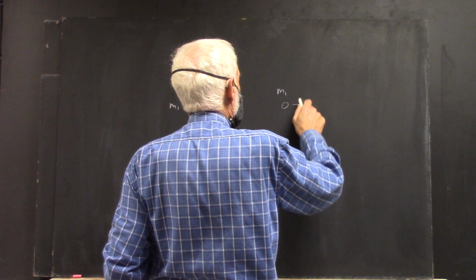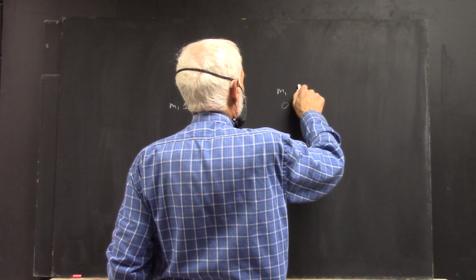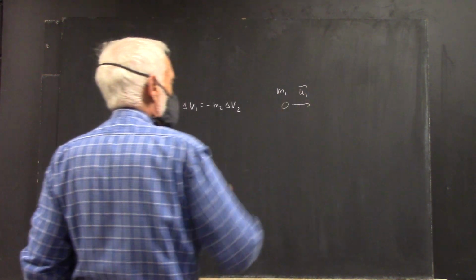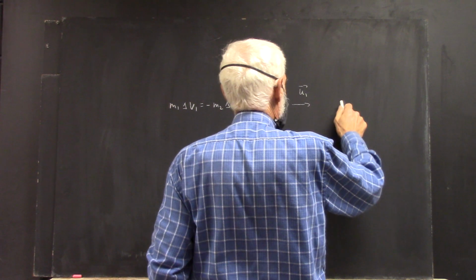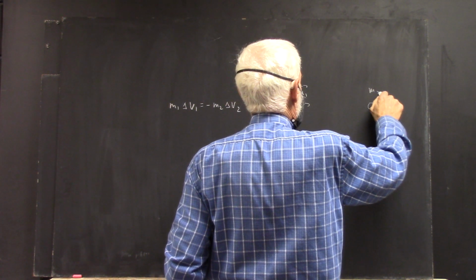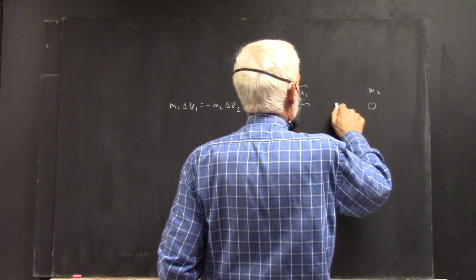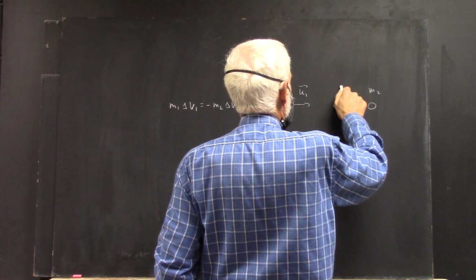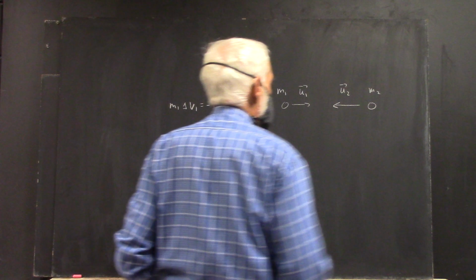I'm going to use U1 for the velocity. Then we've got M2, U2.